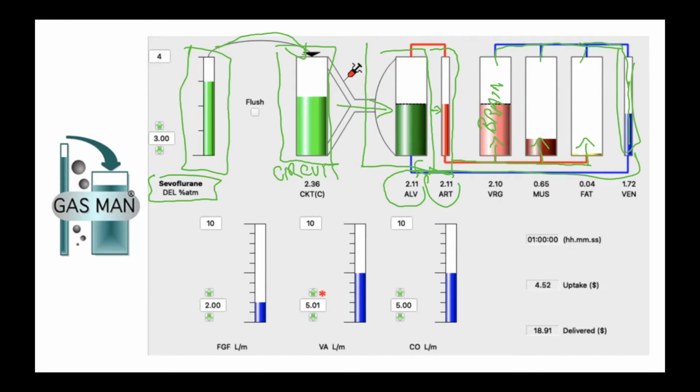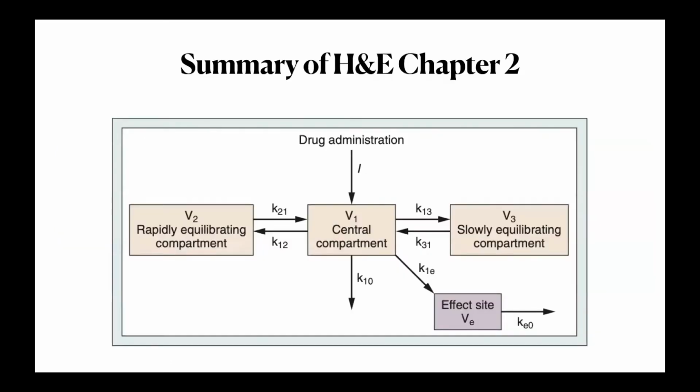And what I've done is I've put this diagram in to show you how I think a lot of us conceptualize drug administration. But this is for intravenous drugs. So for intravenous drugs, we've got the central compartment. And then after that, we've got the rapidly equilibrating compartment.